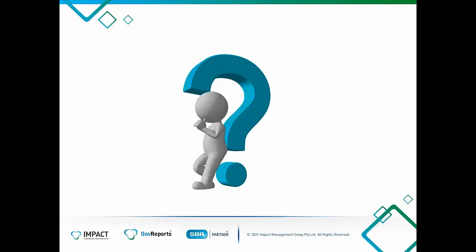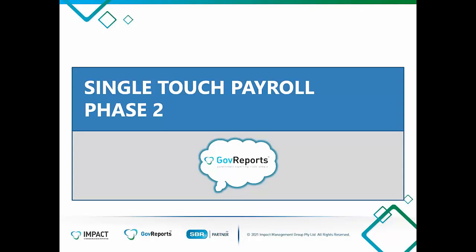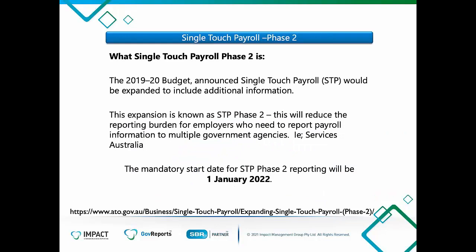Okay, so now we're going to talk about Single Touch Payroll Phase 2. I don't know if you have been looking at it very much, and I have been thinking, oh goodness me, what does it mean for me to be having STP2? It was announced in the budget.